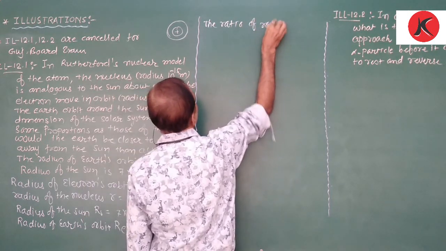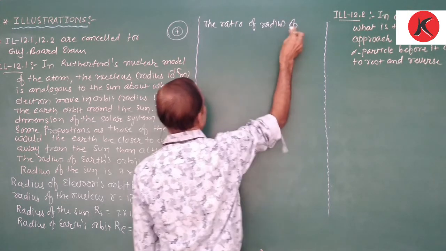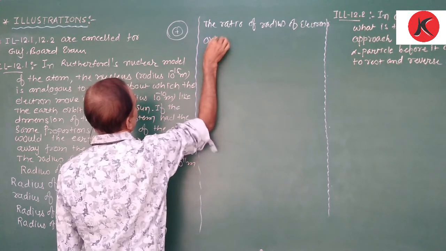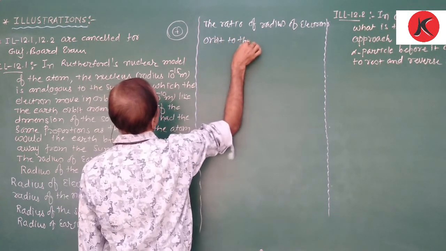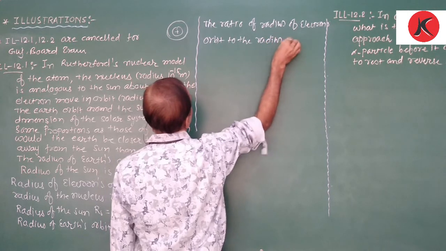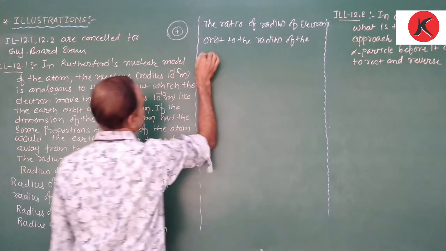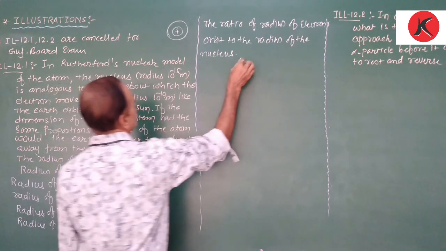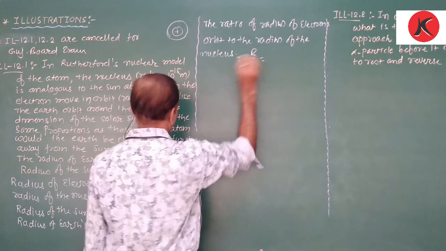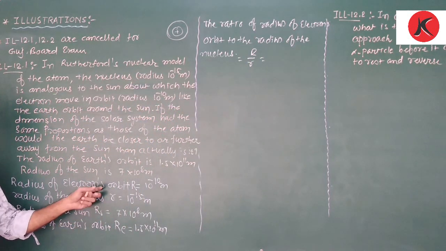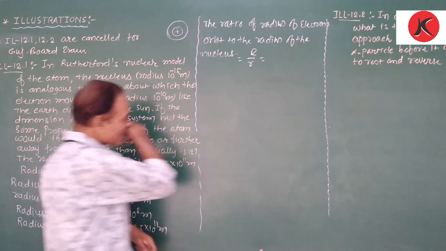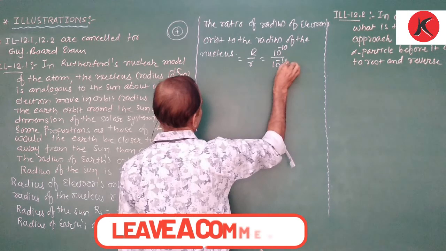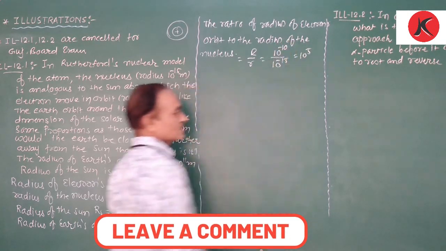For that purpose, first we find the ratio of the radius of the electron's orbit to the radius of the nucleus, which is equal to capital R upon small r. Capital R is the radius of the electron's orbit, 10⁻¹⁰, and the radius of the nucleus is 10⁻¹⁵, so the ratio is 10⁵ times.